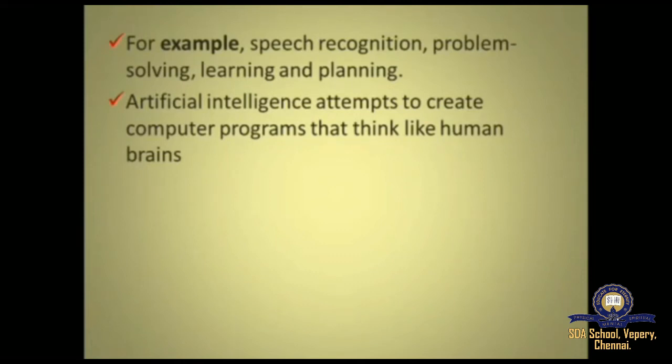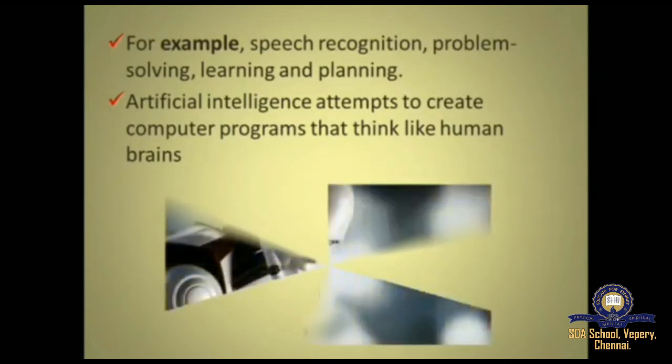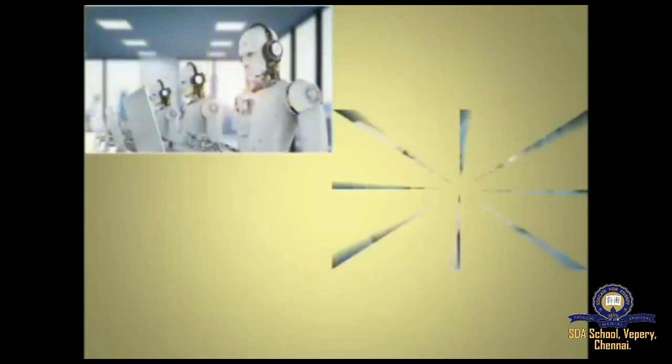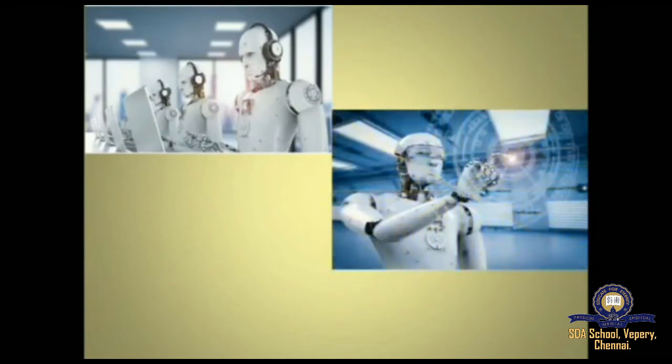With the help of artificial intelligence, human intelligence will be simulated in robots, which makes them think like humans and mimic their actions. Artificial intelligence attempts to create computer programs that think like human brains. These are pictures of robots with artificial intelligence.